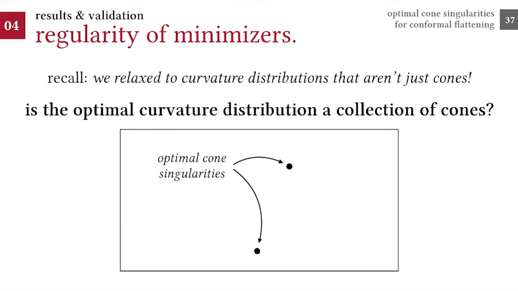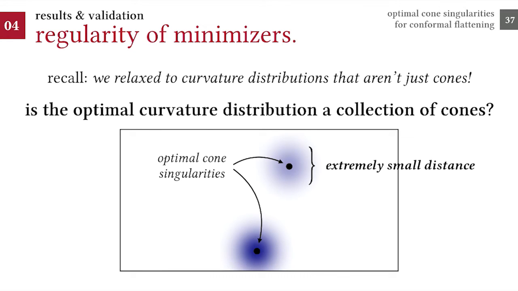Now, if you recall, we did this convex relaxation. We minimized over things which weren't just Dirac deltas. And so it's natural to ask whether we actually recover cone singularities. Well, what we can show is that given these optimal cones, we can slightly smooth them out in an extremely small distance around the point in a way that slightly brings down distortion. And what this means is that we don't exactly recover cone singularities, but we can get extremely close.